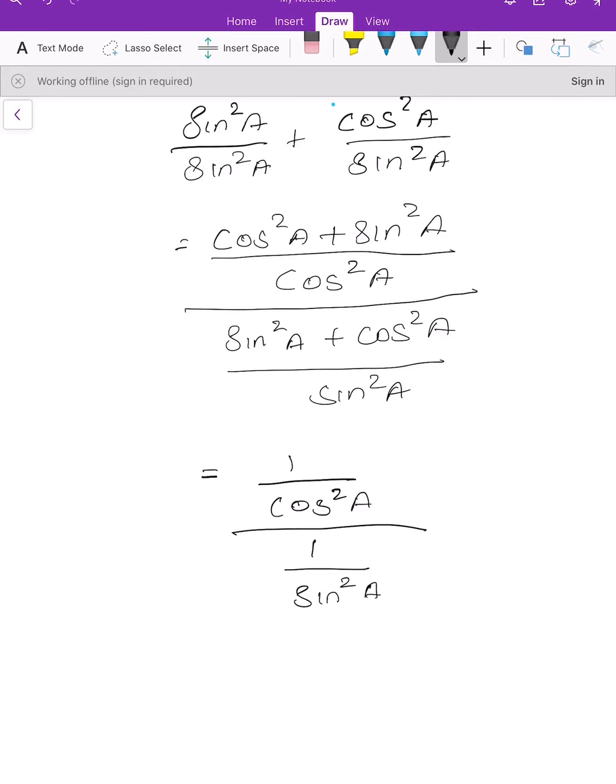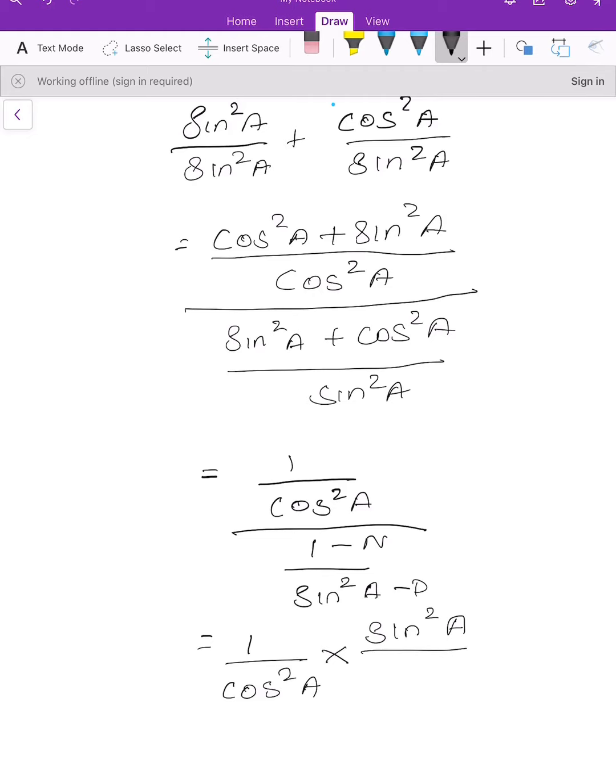What I'll do is reciprocate it. How will I reciprocate? 1 by cos square A into the numerator, the numerator will go to the denominator, and the denominator will go to the numerator.